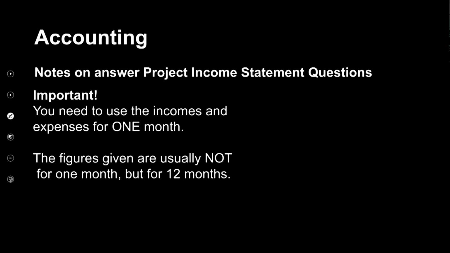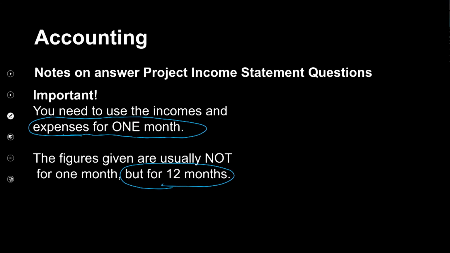When we are working this out, and this is important, if you are working to draw up a projected income statement for 1 month, that's your projection for 1 month. You need to look at the figures that are given to you. If you're given an income statement for a financial year that is drawn up for 12 months, clearly you can't use the figures as they are.